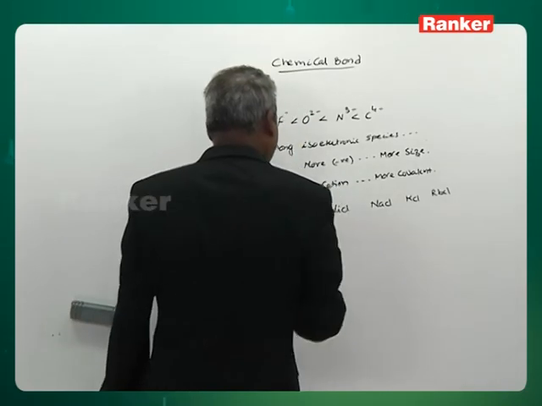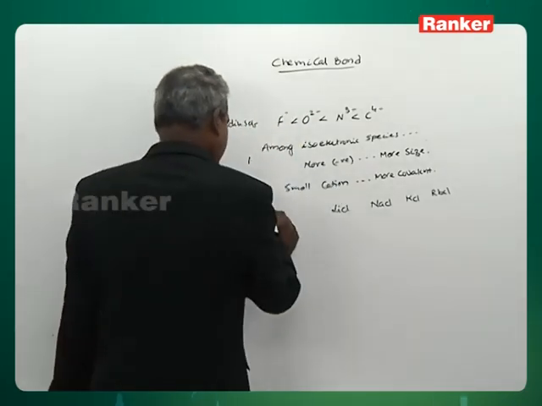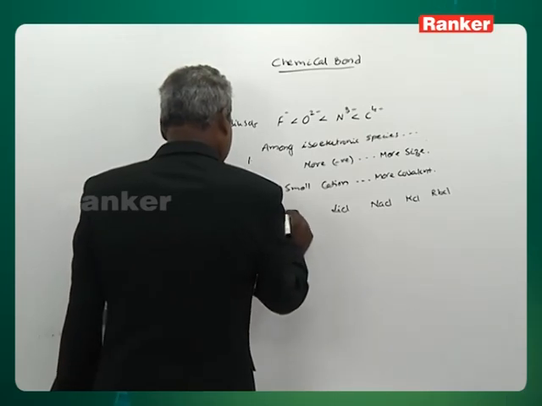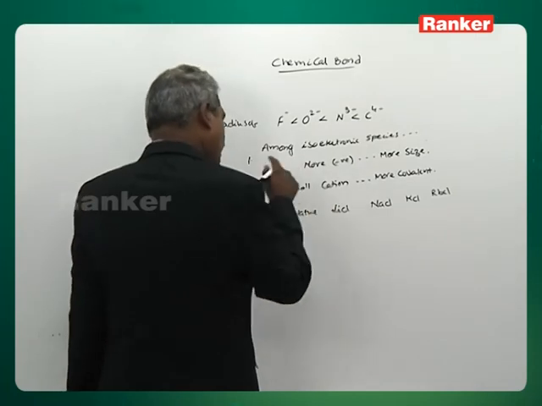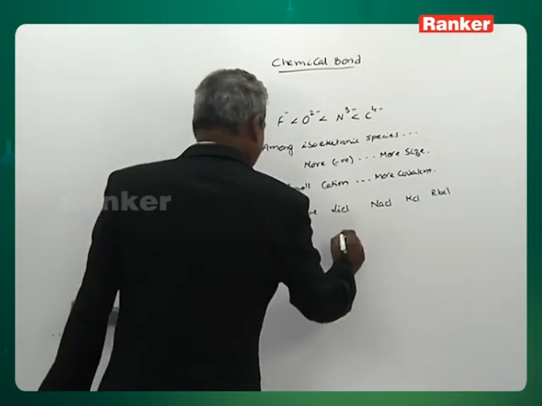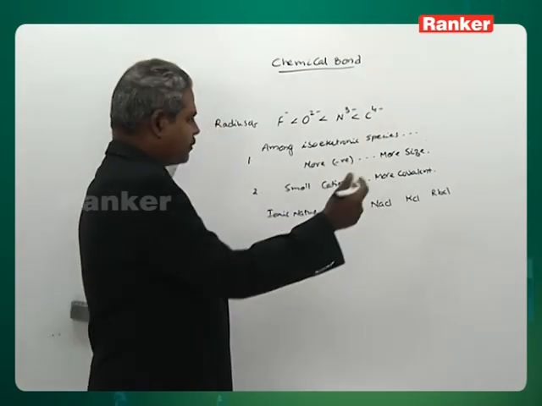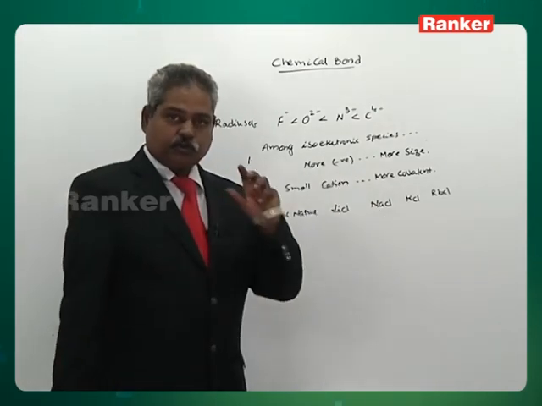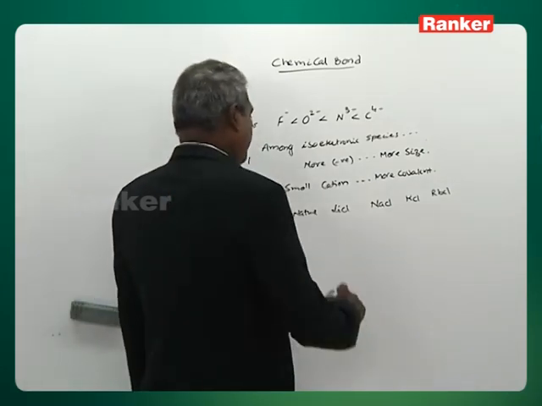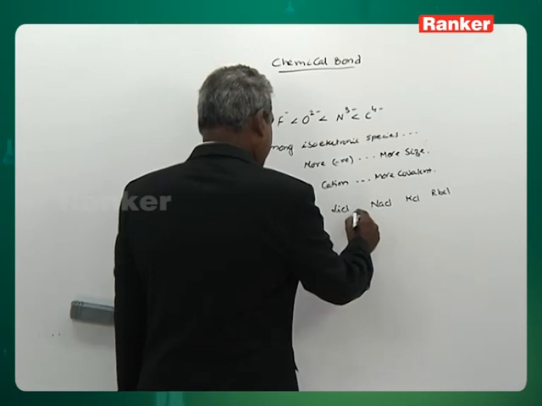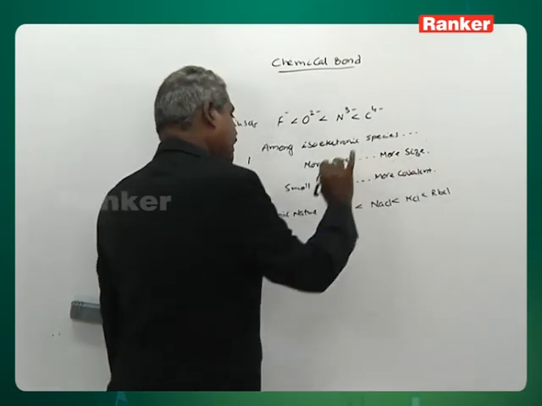Which is more ionic or which is more covalent? Among them, Li plus is the smaller one, Na plus is bigger, K plus is still bigger, or Rb plus is still bigger. So, the smaller the size of the cation, the more covalent. Therefore, ionic nature goes on increasing. RbCl is more ionic than KCl.